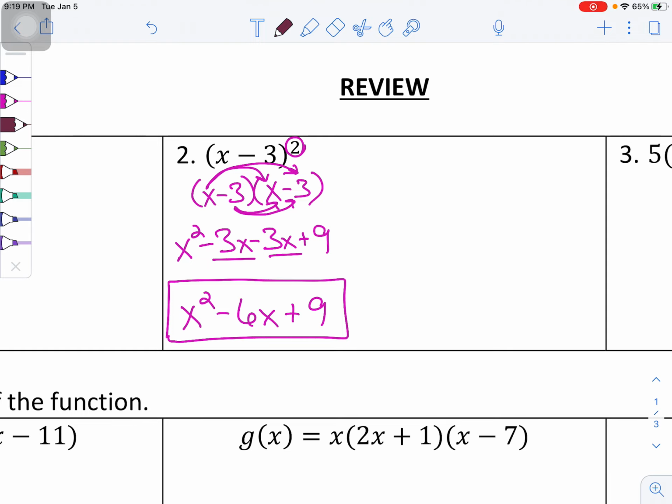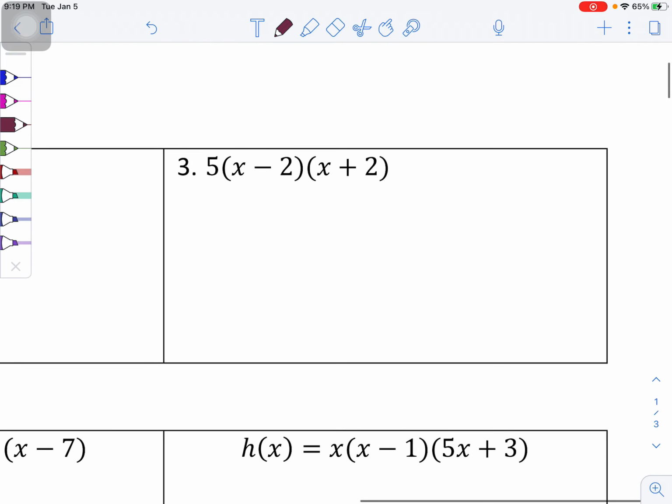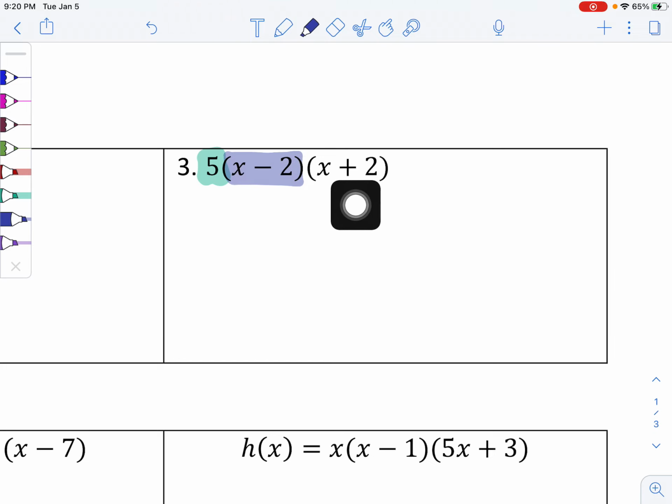All right, so next problem for number 3 here. Now, number 3, you've got 3 things that you're multiplying. So you want to be careful because you can only ever multiply 2 of them at one time. So what I'm going to do is I'm going to multiply 5 and x minus 2. For right now, I am going to ignore this x plus 2.